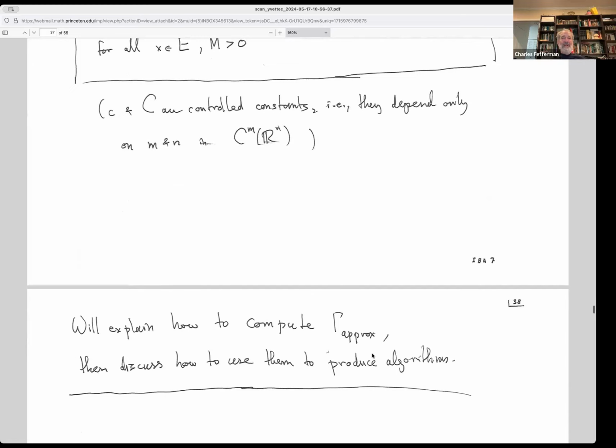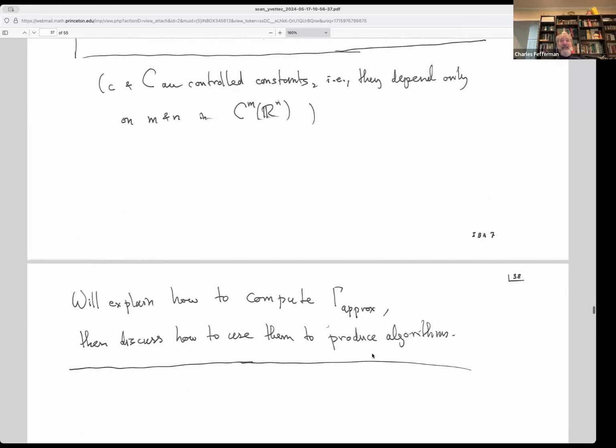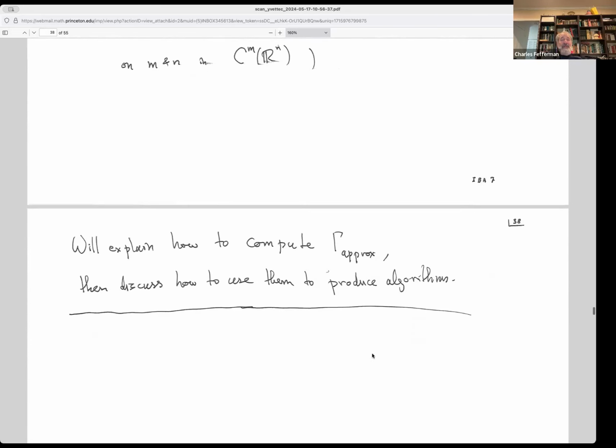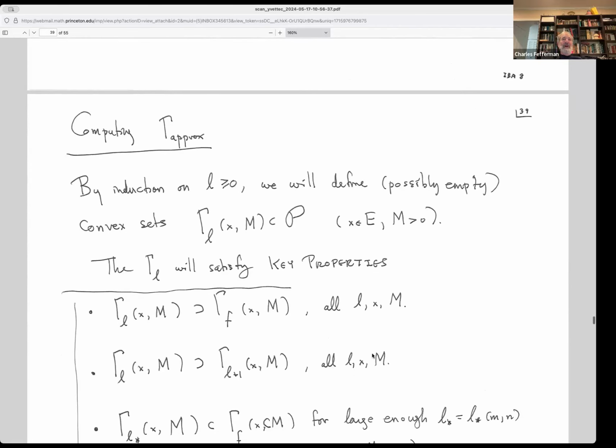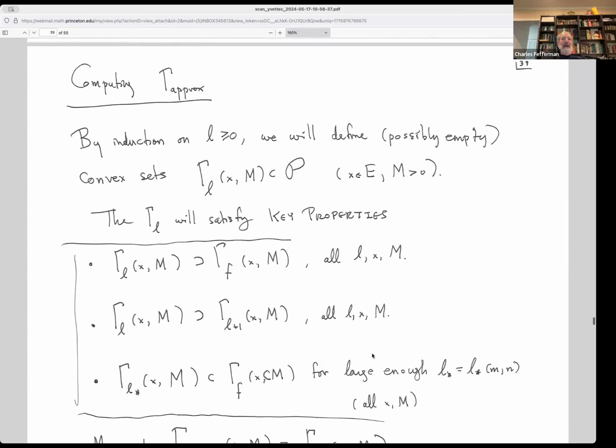Okay, so what I'm going to do is explain how to compute gamma approx, and then say a little bit about how to use those gammas to produce the algorithms promised. All right, so how do we compute gamma approx? Well, by induction on an index L, we're going to define possibly empty convex sets gamma L in the vector space of all nth degree polynomials.